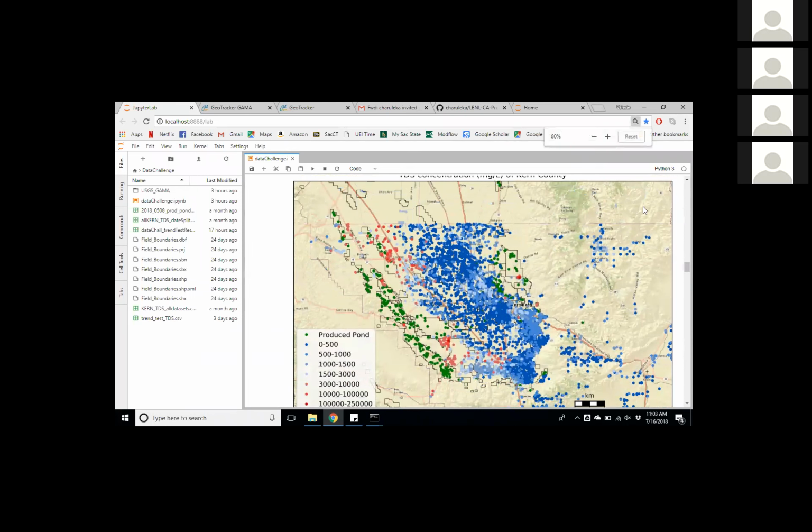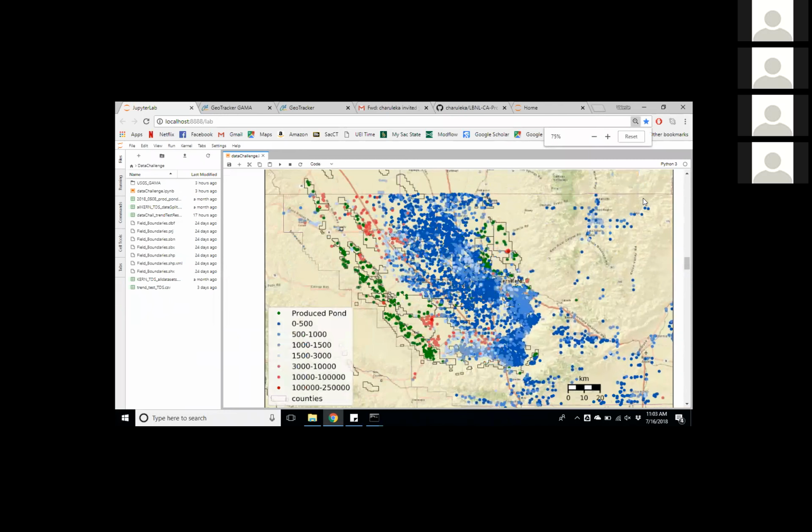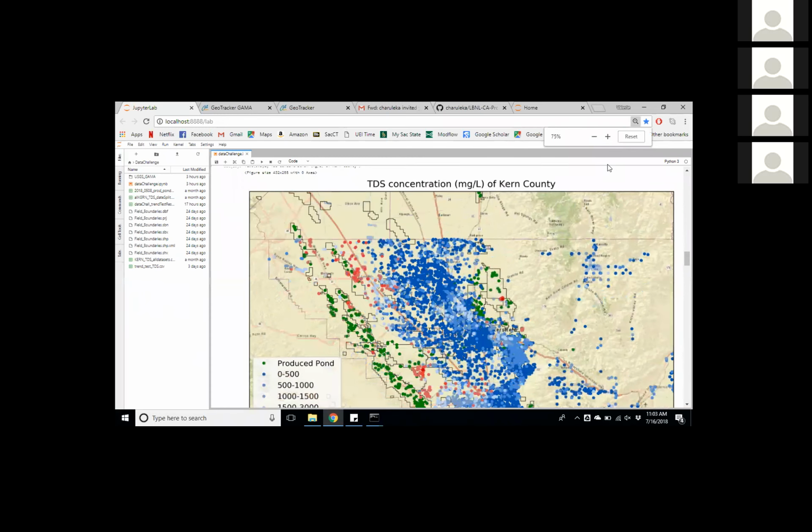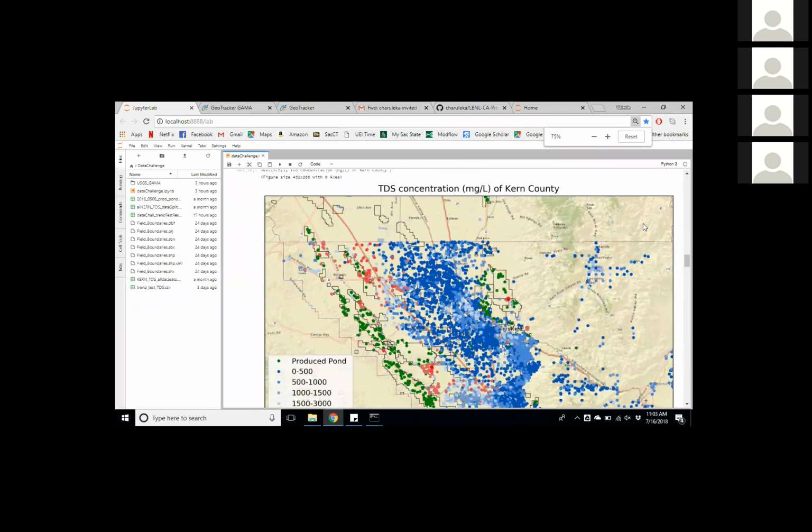Let's try to zoom out a little. Well, what you can see, or you can follow along in the binder. So the cooler colors are lower concentration TDS, and the warmer red colors are higher concentration TDS.